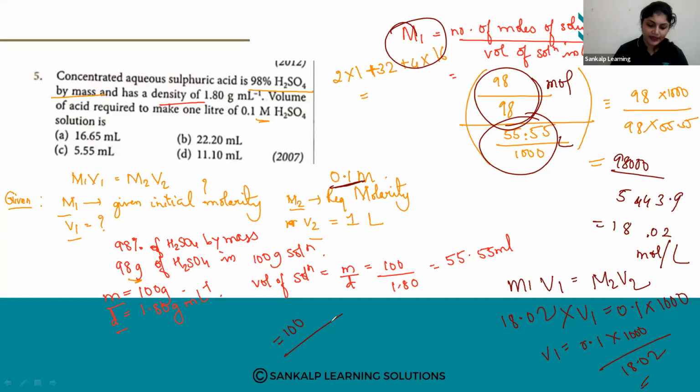Then 100 divided by 18.02 comes to 5.54, so it is nearer to 5.55. So our answer is C.